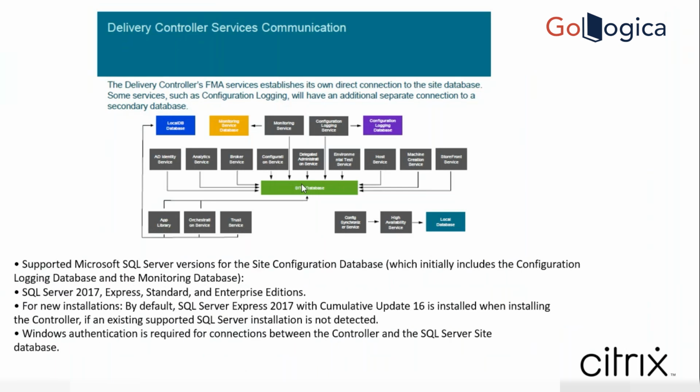Now, communication. How will it do the communication? As I told you, all services are independent, and all database strings are separate. Same here, they have told that the delivery controller service establishes its own direct connection to the site database.